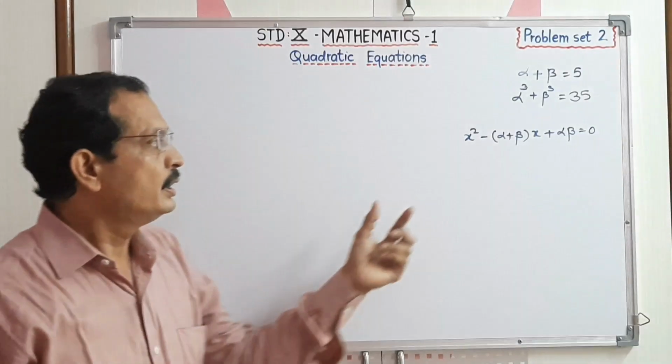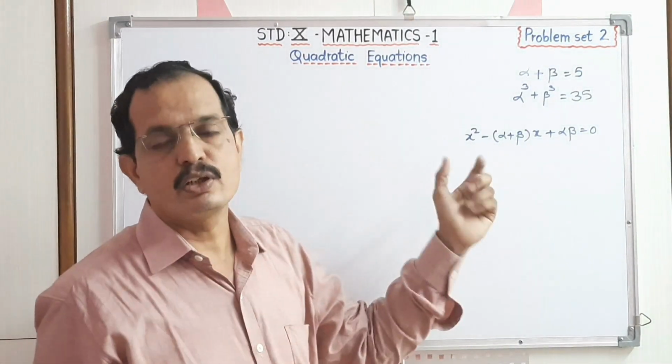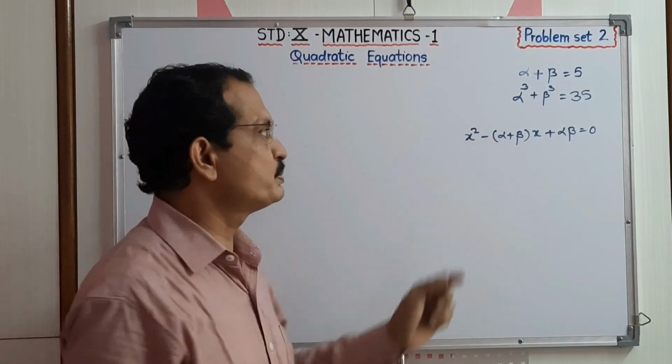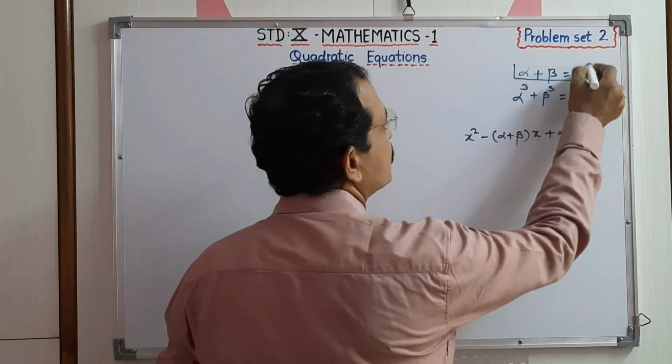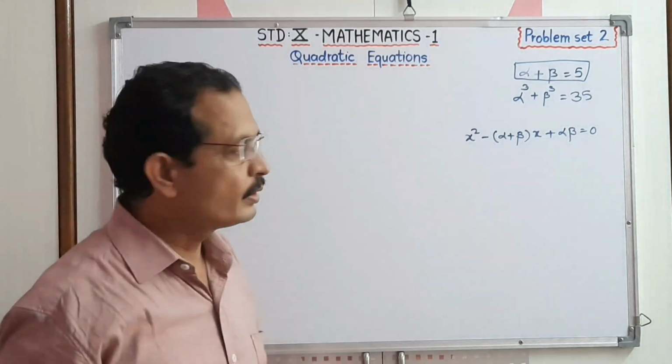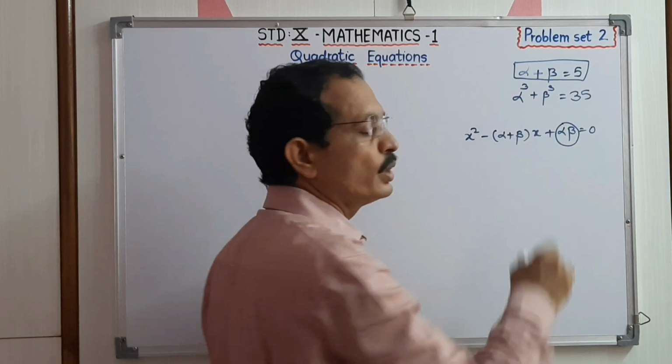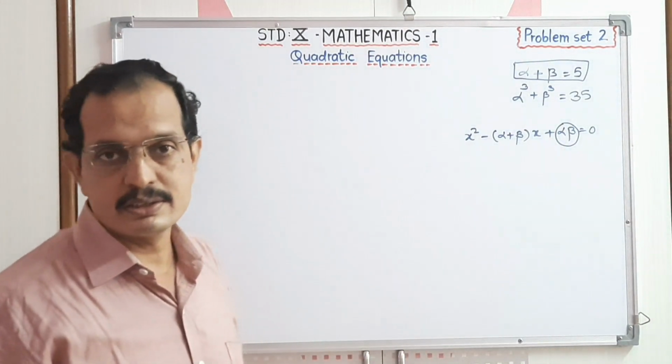This is the formula to find the equation when the roots are given. Now see here, the value of alpha plus beta is already given, and we can substitute it, but alpha into beta is not given.